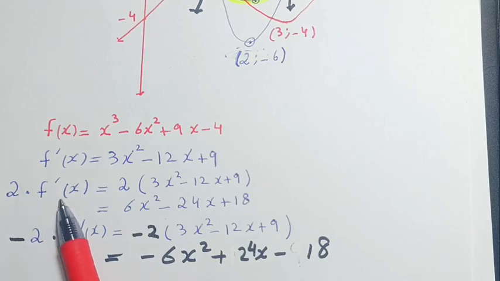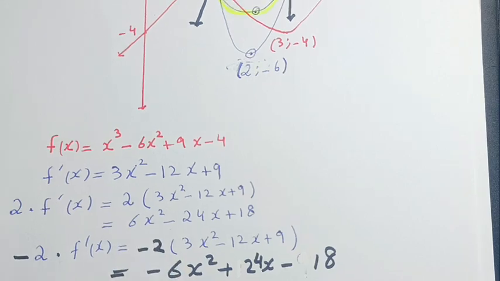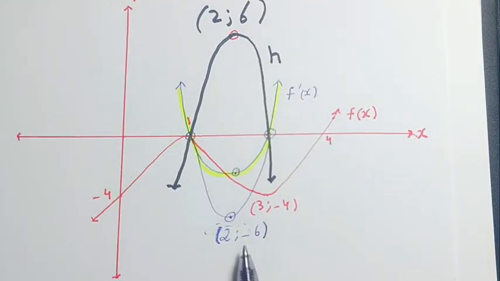So when you multiply this graph by 2, this is the equation. If you multiply the first derivative by negative 2, then this is the equation. Which means this graph is a reflection of this graph on the x-axis, a mirror of this graph. Have a look here. This time the turning point of this graph is (2, -6).